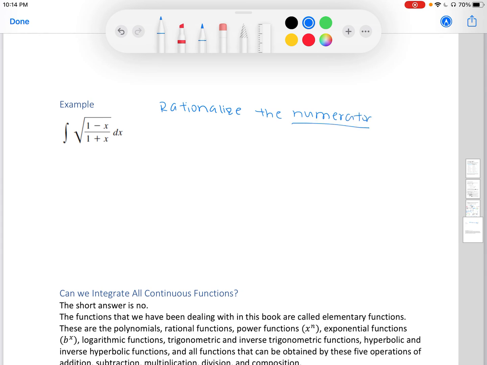If we do that, we have the square root of 1 minus x divided by the square root of 1 plus x, and we're going to multiply by the conjugate of the numerator, or by the numerator itself.